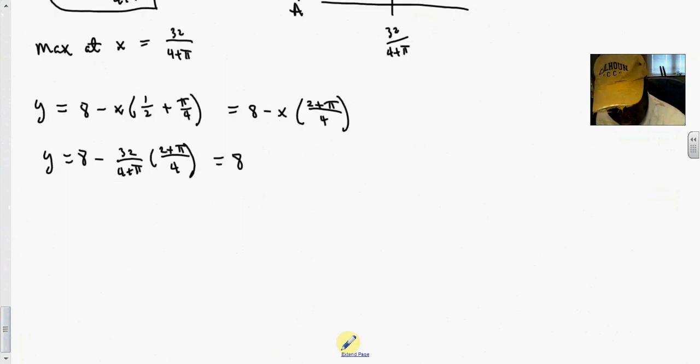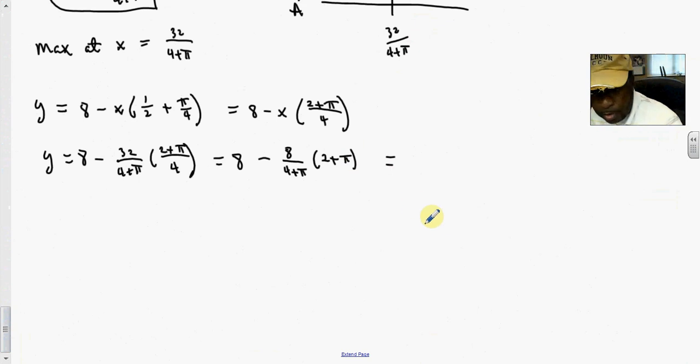This is 8 minus 32 divided by 4, which is an 8, over 4 plus pi times 2 plus pi. Simplify that.